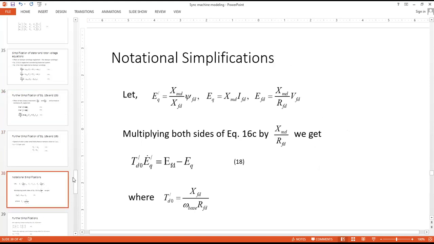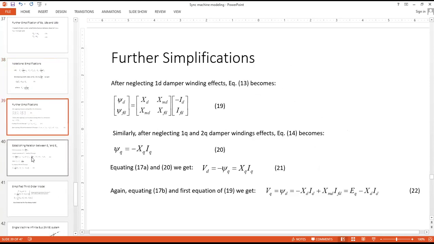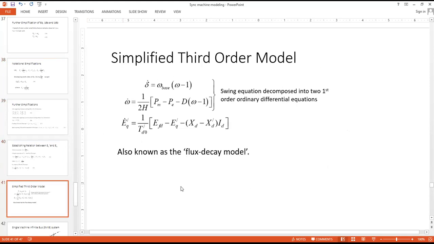The summary of the equations we took in the last class, in slide number 41, is the third order model, and we were trying to obtain delta versus time, omega versus time, as well as EQ dash versus time.